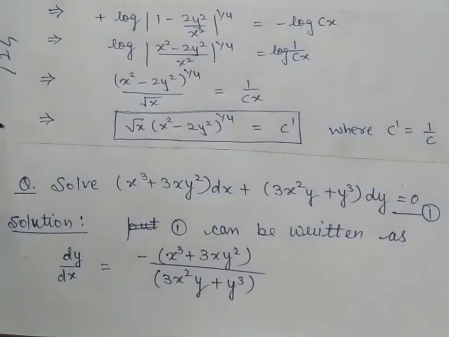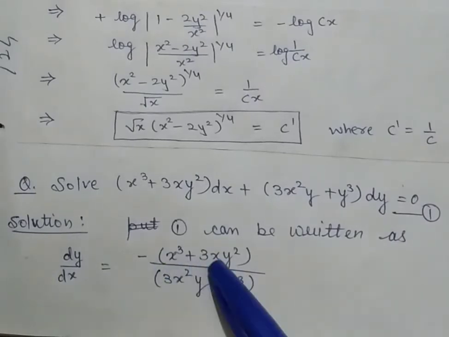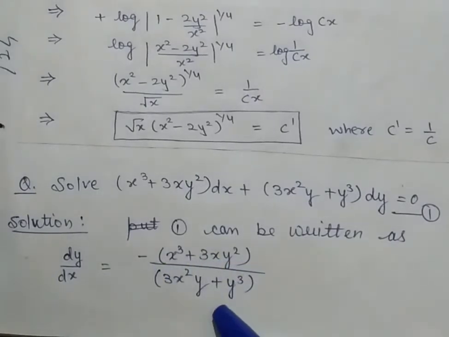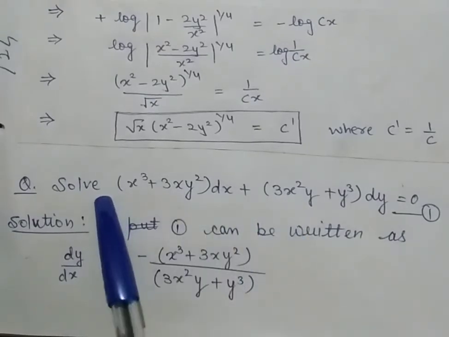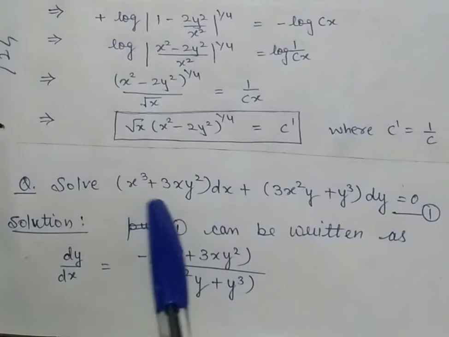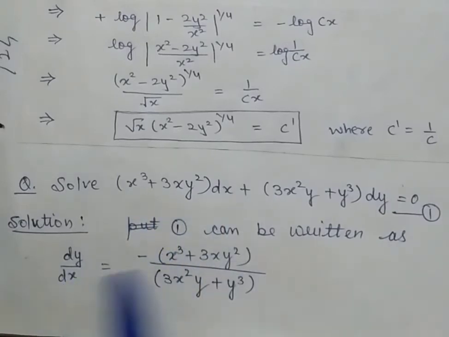Now we write this equation in the form dy by dx equal to phi of xy divided by psi of xy. So dy by dx is equal to minus (x cube plus 3xy square) divided by (3x square y plus y cube). With the dx we have multiplied with x cube plus 3xy square. So this is correct.